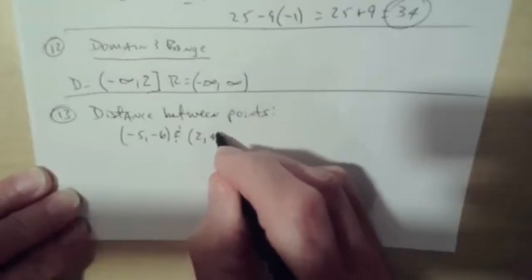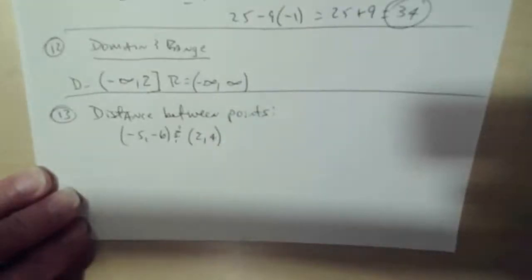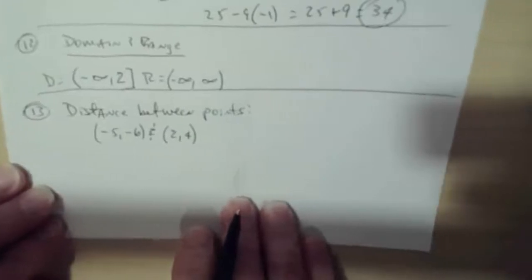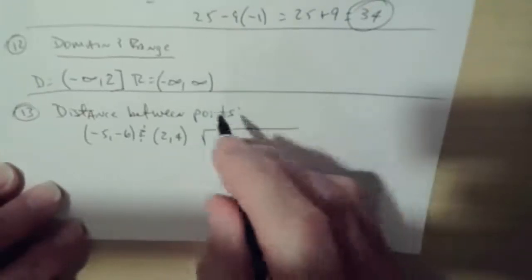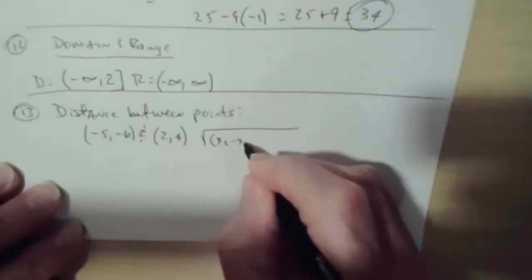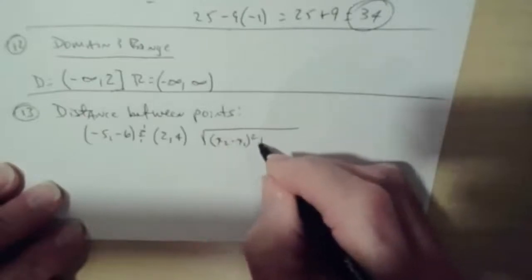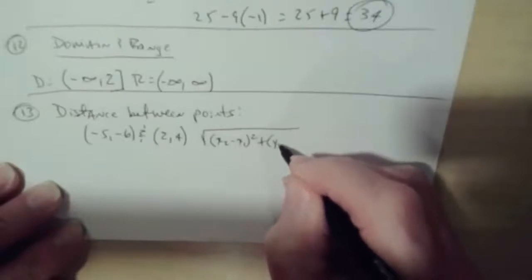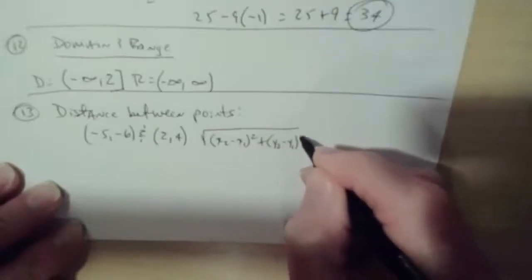Now remember, the distance formula is the square root of x2 minus x1 closed and squared plus y2 minus y1 closed and squared.